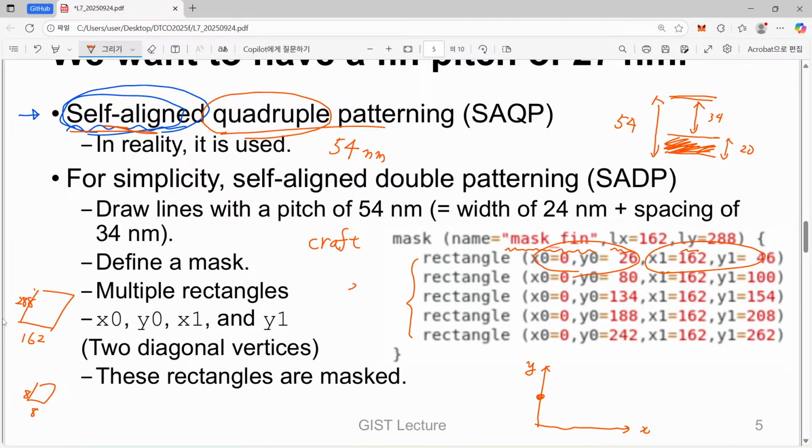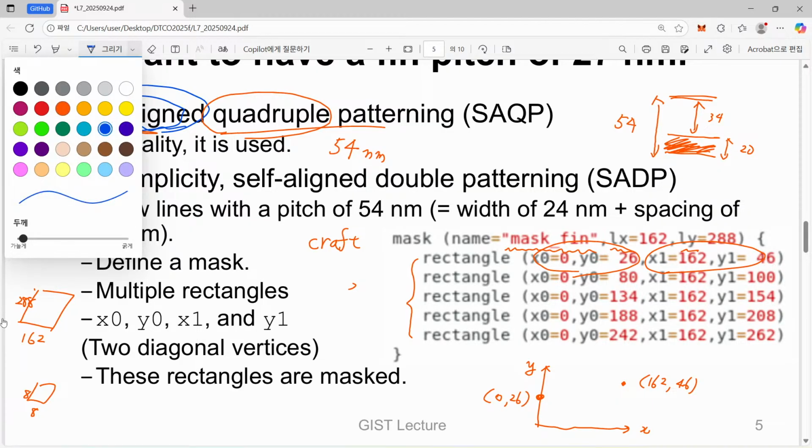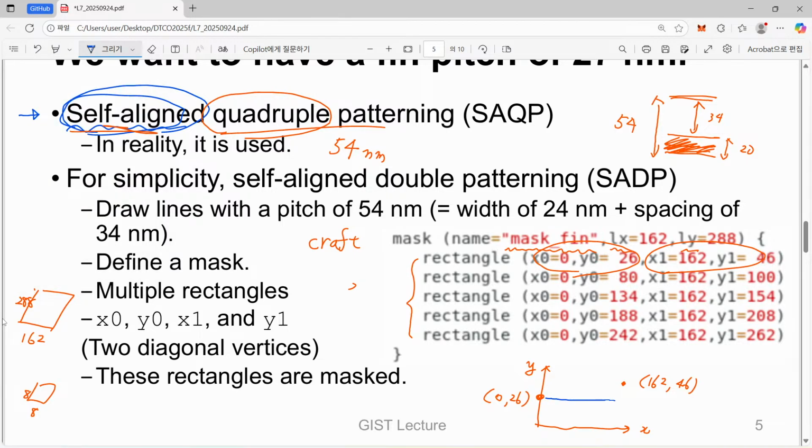Then here we have 0, 26. And how about our next point? 162, 46. It means that we are now talking about a rectangle whose width is 162 and whose height is 20.